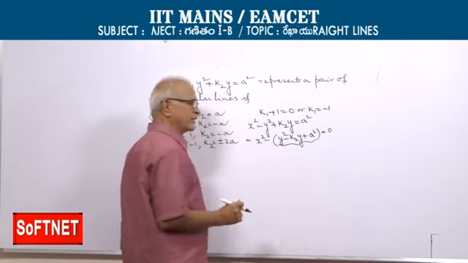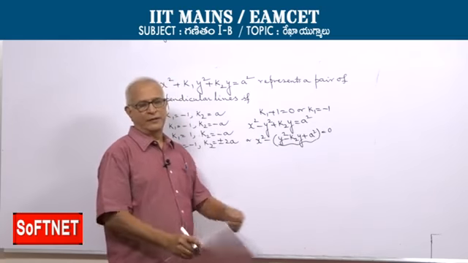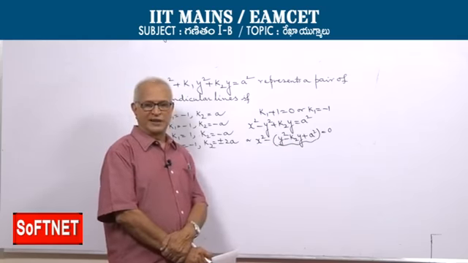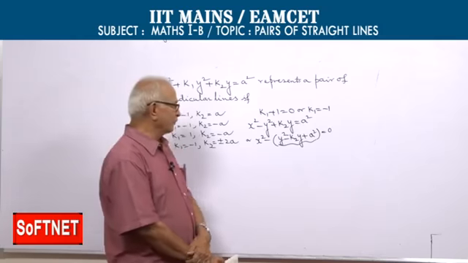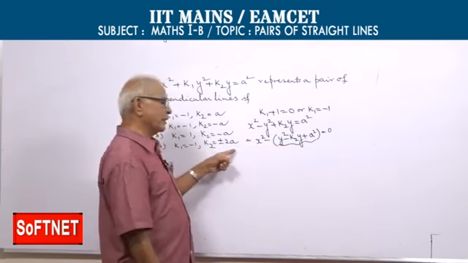Suppose this is also a perfect square, then you can see the difference of two squares can be factored using the high school factorization. X square minus z square equal to 0 means (x plus z) into (x minus z) equal to 0, which are clearly two lines. And therefore, for what values of K2 can this be a perfect square? Only K2 plus or minus 2a.